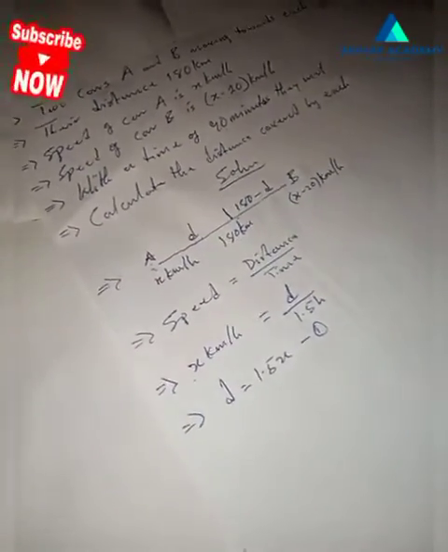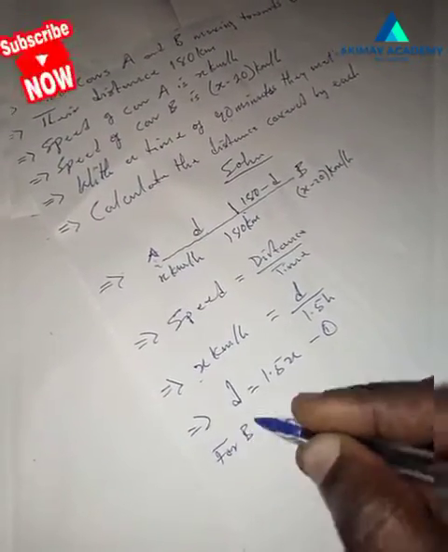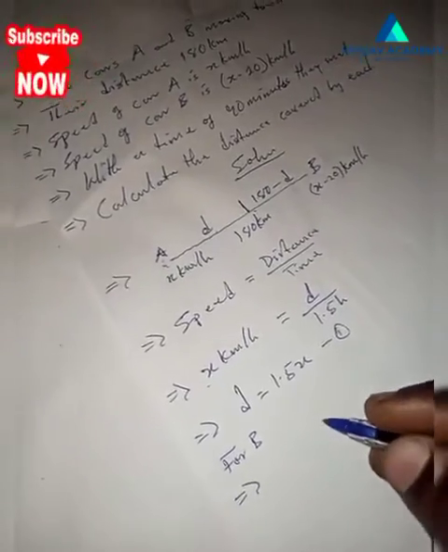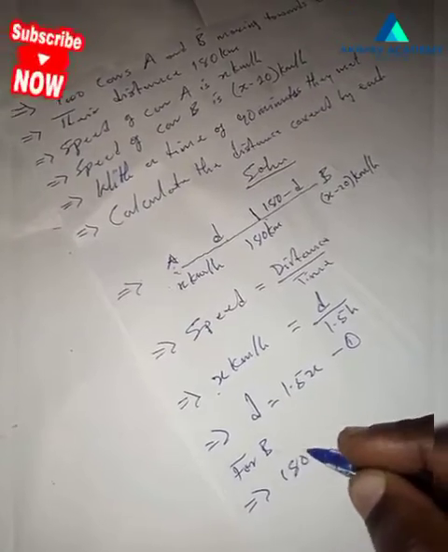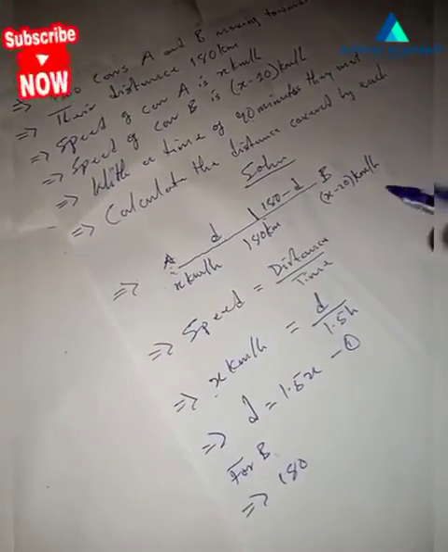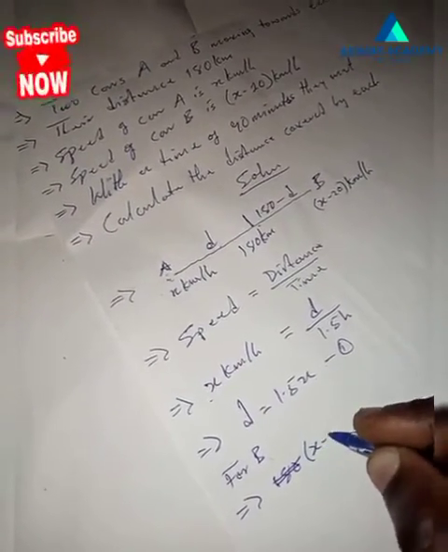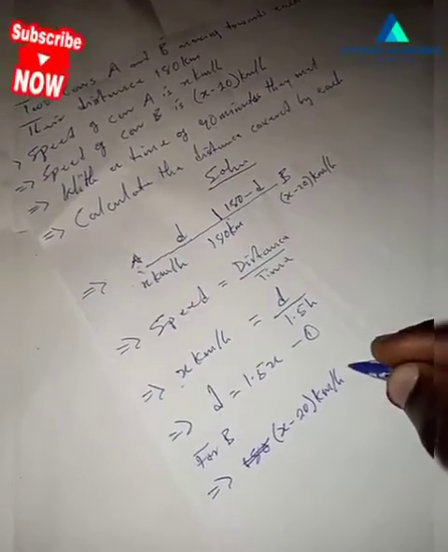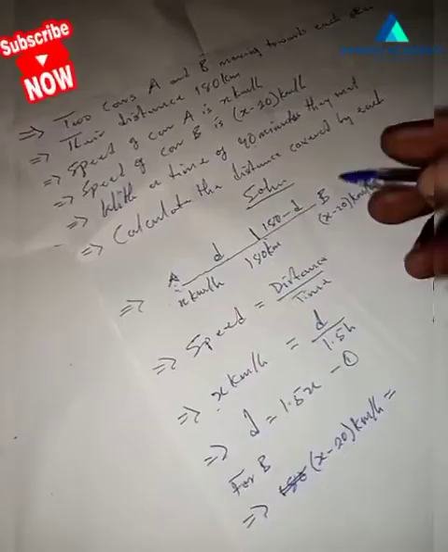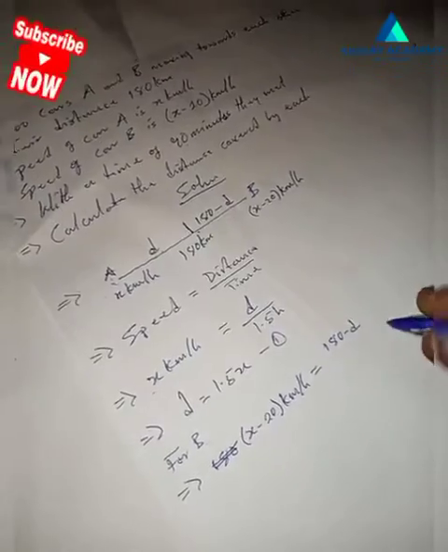So for B, the speed is x minus 20 kilometers per hour, which equals the distance covered by car B, now known to be 180 minus D, out of the time.